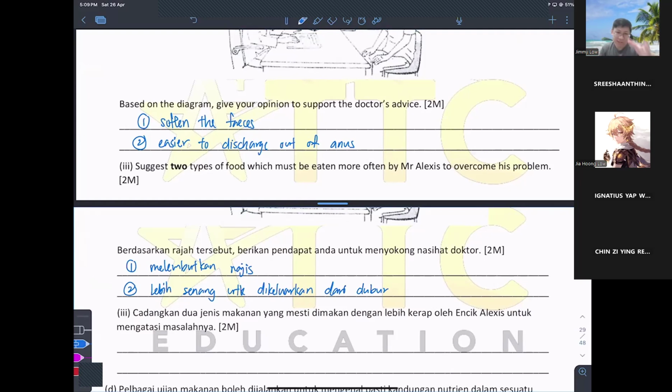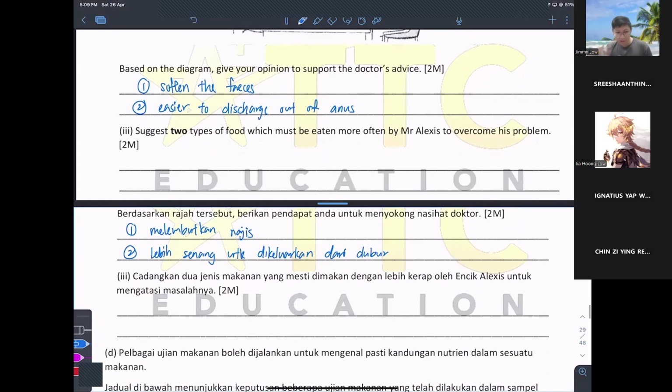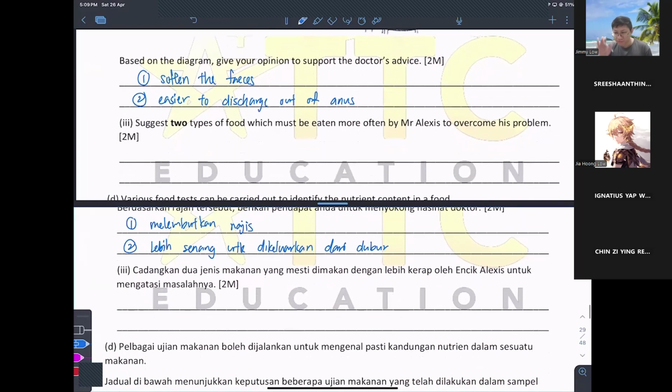Can. Easier to excrete out of body also can. Sure. You see, this is very smart. Whenever you cannot remember one word, say discharge is not so familiar, then you can say excreted. Sure. The way to express doesn't matter. The meaning matters.